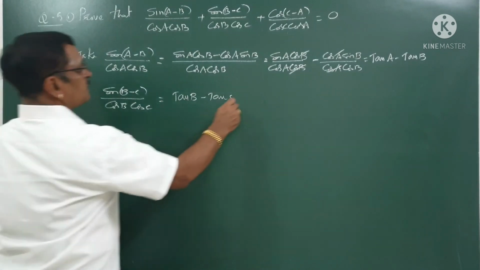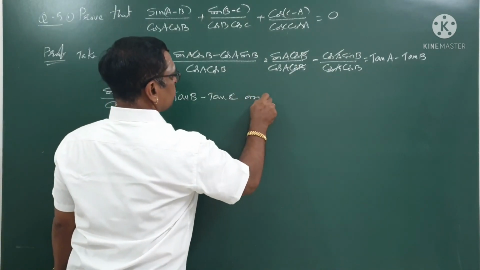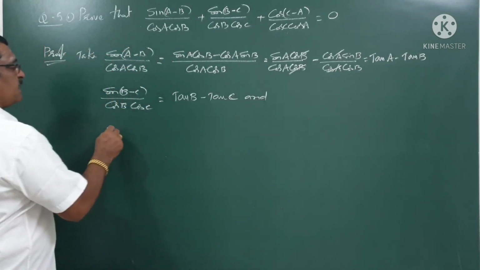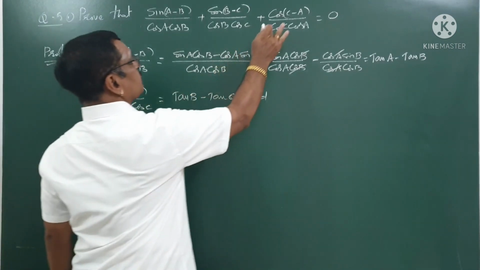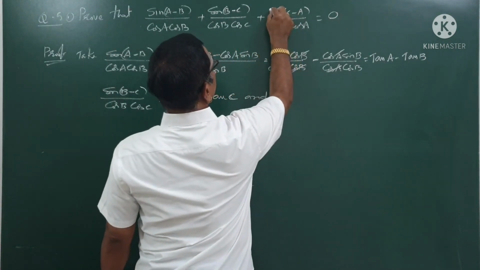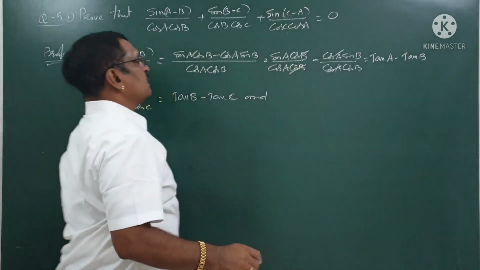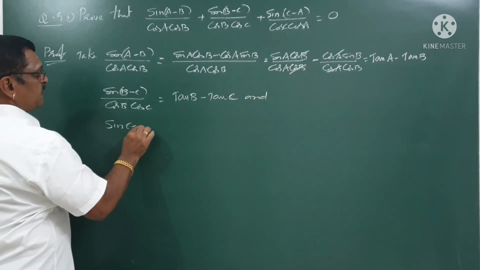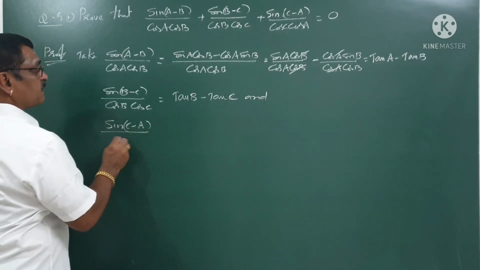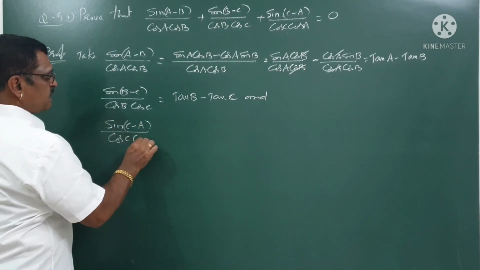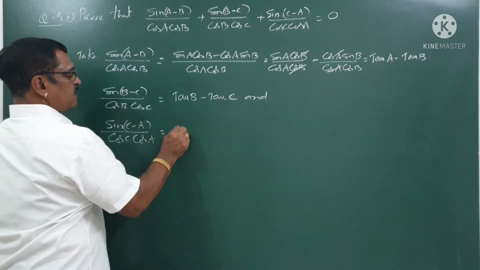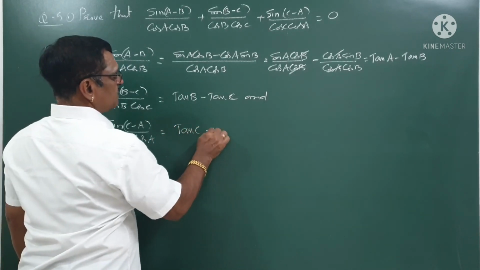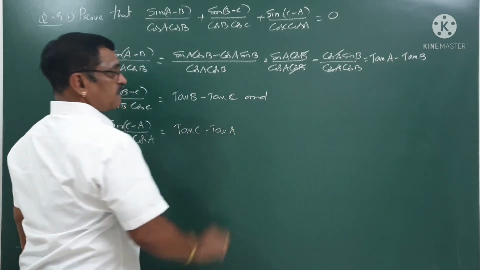Next one, and finally, this is sine of c minus a by cos c cos a, which is nothing but tan c minus tan a.